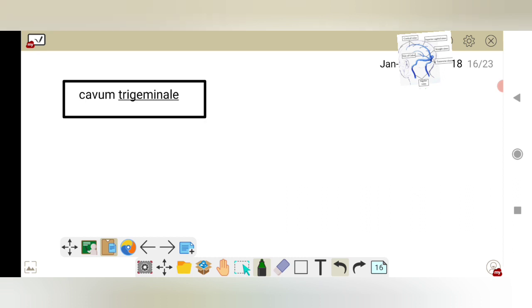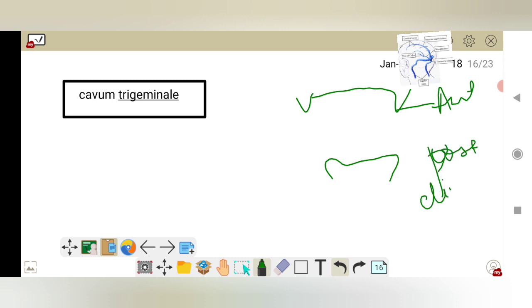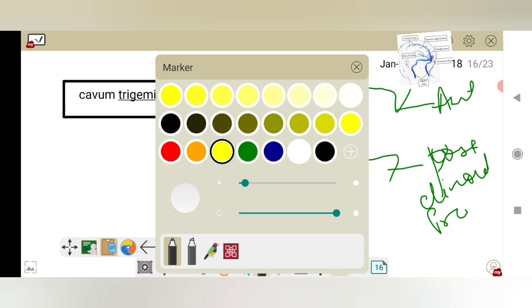Now, at the apex of the petrous part of the temporal bone, the attached margin is closed over. These are the anterior clinoid processes, these are the posterior clinoid processes. The attached margin comes up to the posterior clinoid processes.